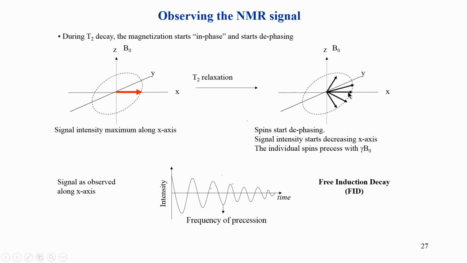If you see now, they are not all of them along the x axis, they are slowly going away. If you take a combination of all of this along the x axis, because remember the detector is only here, it can only detect what is along the x axis, it has now come down, it is not as strong as the initial time.